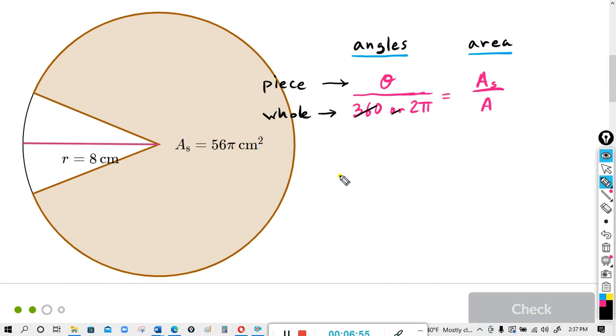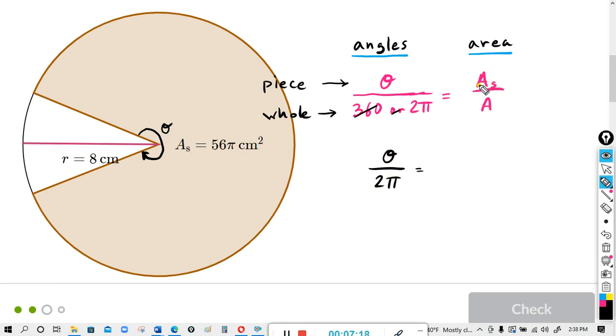Basically the central angle is going to be this angle measurement right here. We don't know theta. That's what we're solving for. And we're dealing with radians, so we're going to use 2 pi.